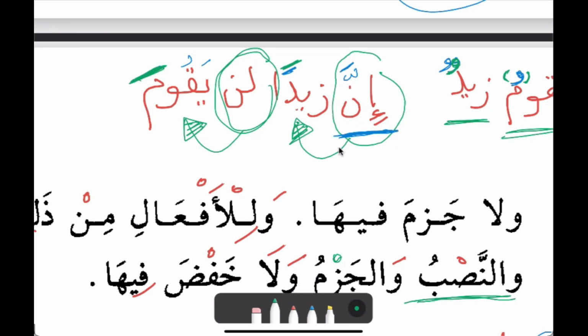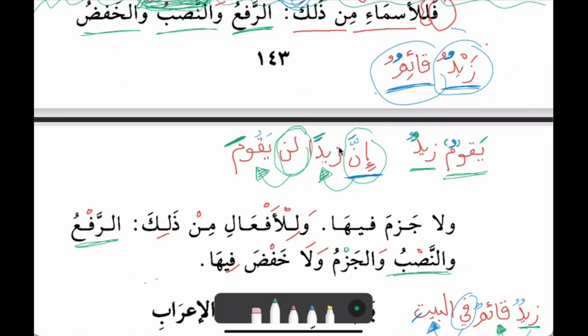Yakuma. Negating means the meaning here is not stand. Lan is like la. It's a negation. Harfu nafi. And istiqbal, a future particle, because it means will not stand. Any questions so far? Okay. Is it clear, or are you just along for the ride with me? Clear. Okay.